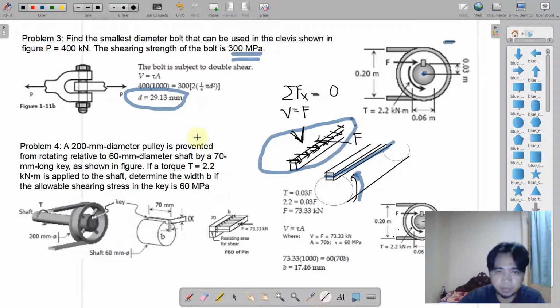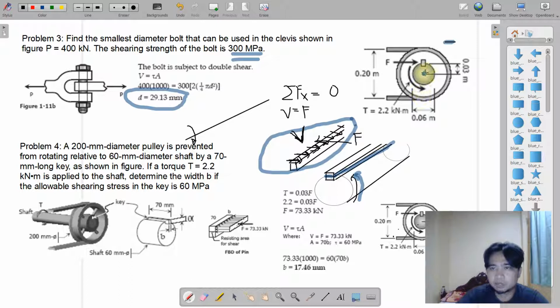So say if this is the axis of the shaft, torque is applied to the axis of the shaft. Meaning, if we have applied a couple on the parallel axis of the body, the result is a torque, or twisting, or torsion. This is twisting force or torsional force.